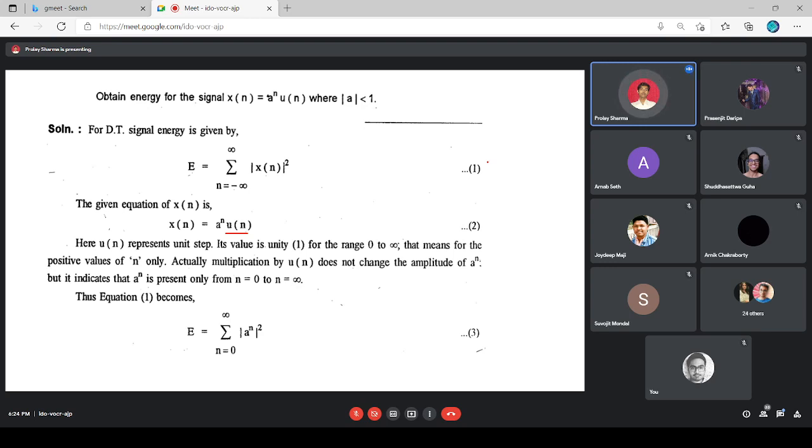Now what is a causal signal? A causal signal is like this. If all the sample values of the signal lie for the positive values of n, the signal is called a causal signal.